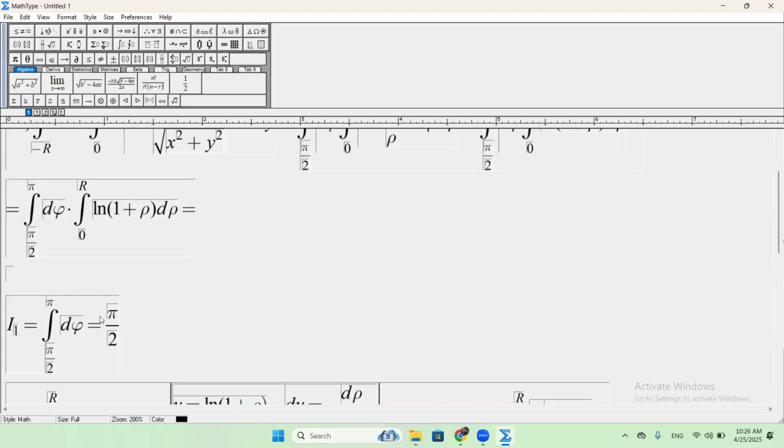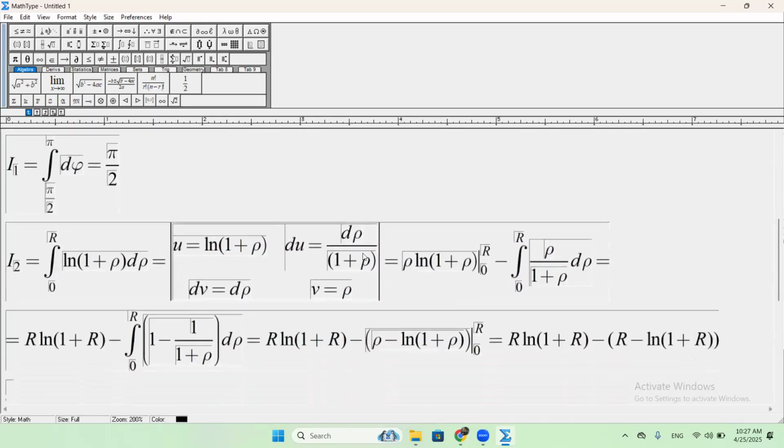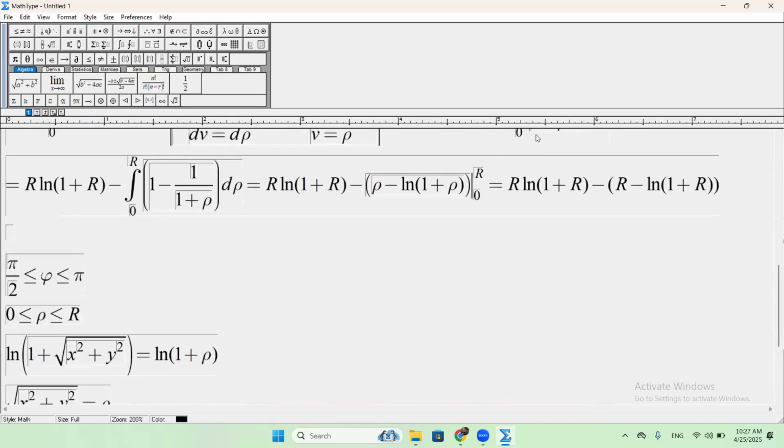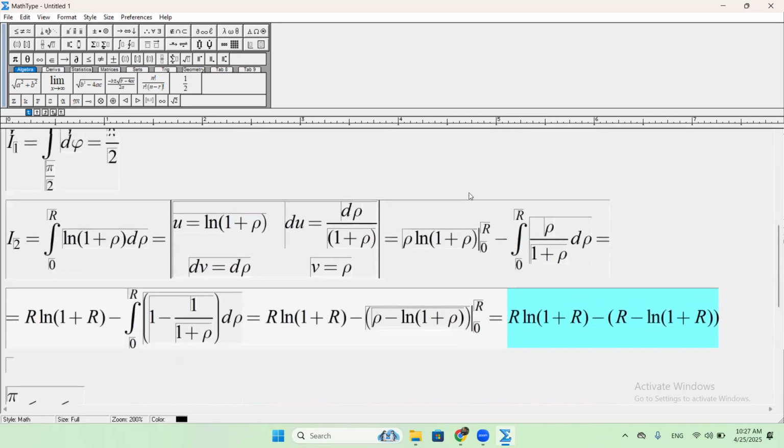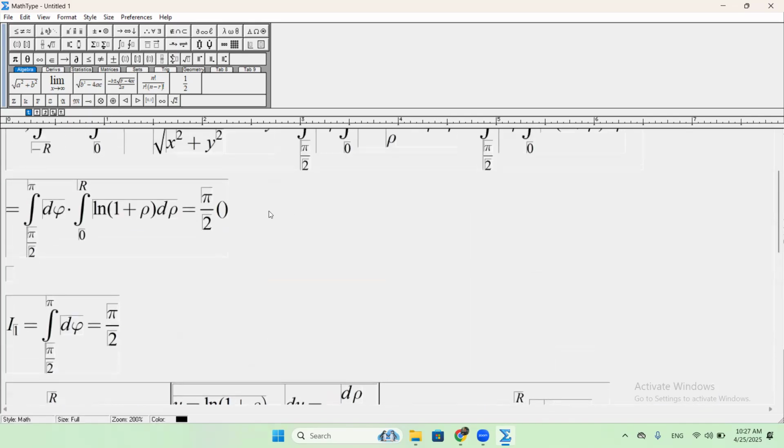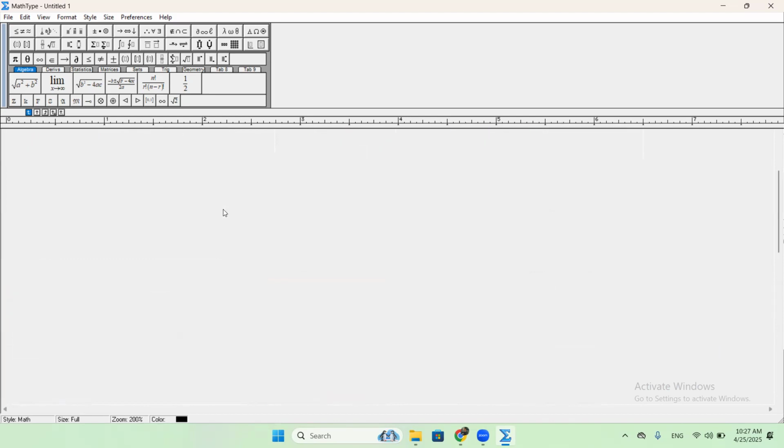It will be equal p over 2 multiplied by this expression. So maybe it can be simplified in some way, but actually we will not do this arithmetical stuff. What was required is to calculate the integral.